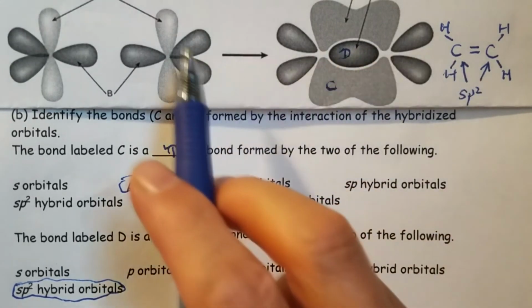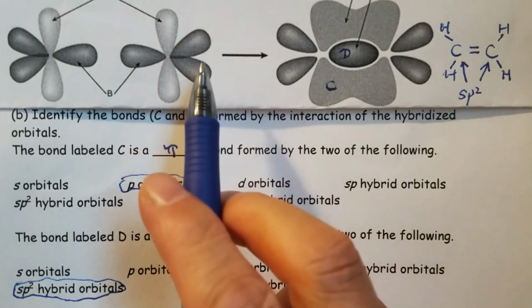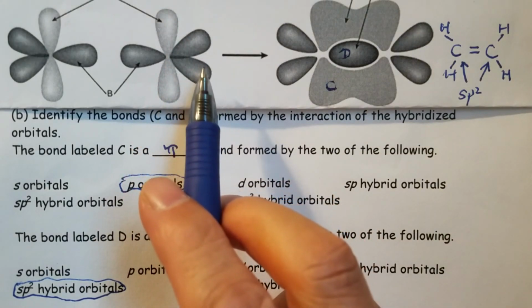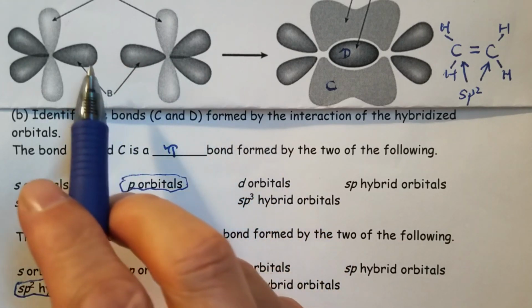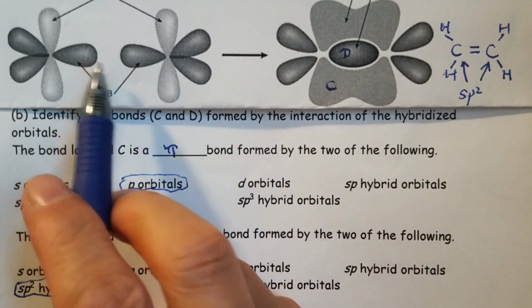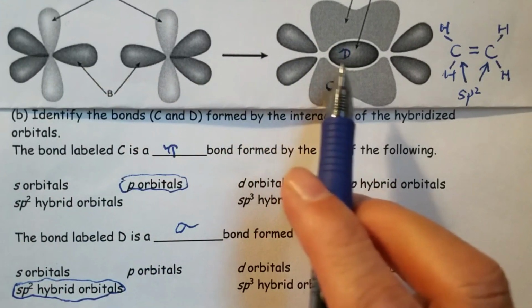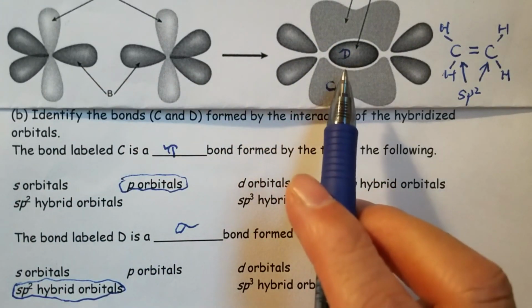So that's two of those sp2 hybridized orbitals, and then this one combined with that one forms this sigma bond right here.